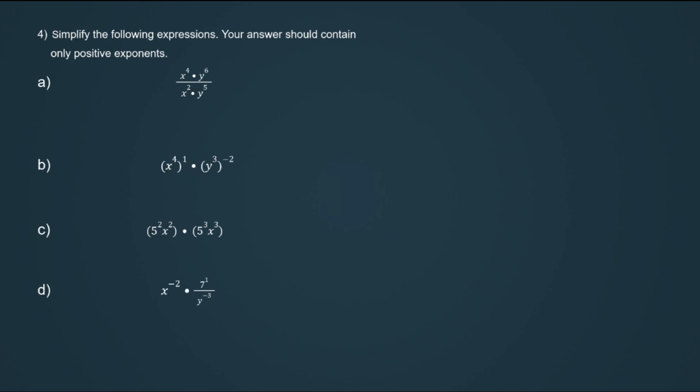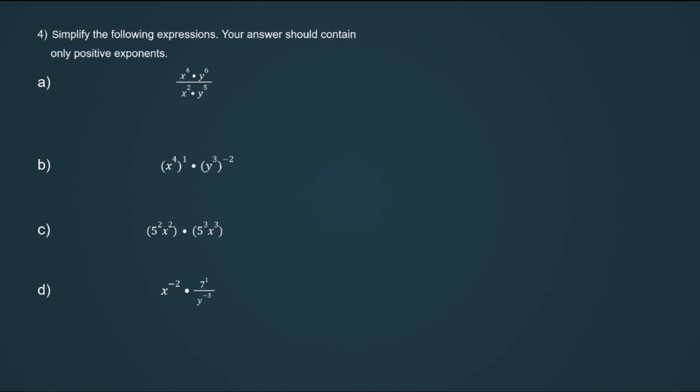All right, question 4. Simplify the following expressions. Your answer should contain only positive exponents. Okay, so in this case, question 4a, it's basically the same thing as question 1. We've got x to the 4 times y to the 6 divided by x squared times y to the 5. So we're going to be using that law of exponent again that looks like this.